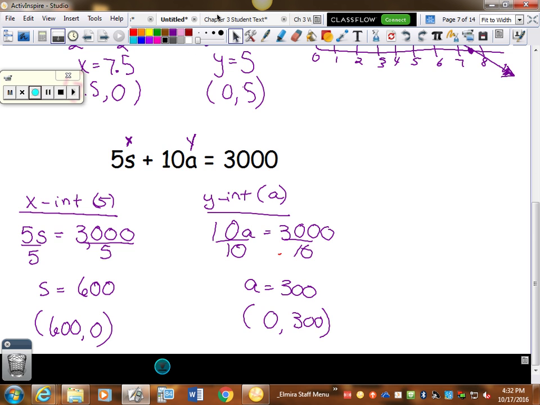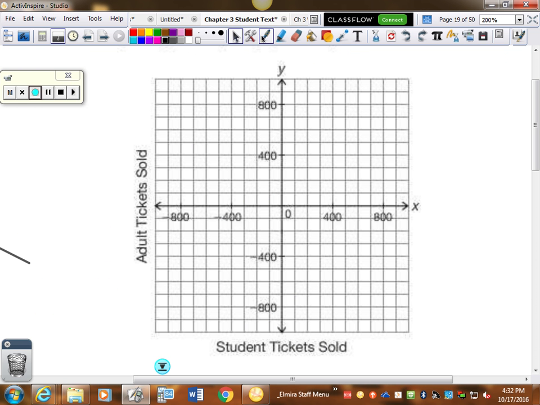And in your textbook, it wants you to graph that. Here's the student tickets sold, adult tickets sold. 600 student tickets sold if it's just student tickets.